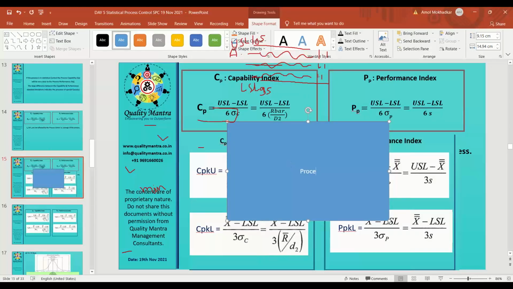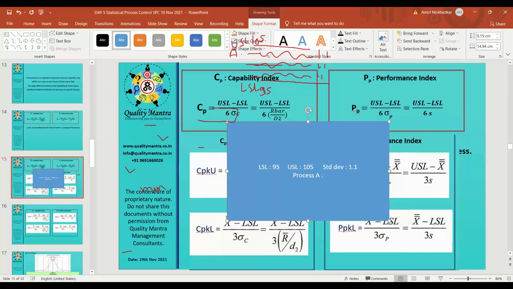So for process A, first the LSL is 95, the USL is 105, and your standard deviation, whether R bar by d2 or, for example, the Greek letter sigma, is the same 1.1.